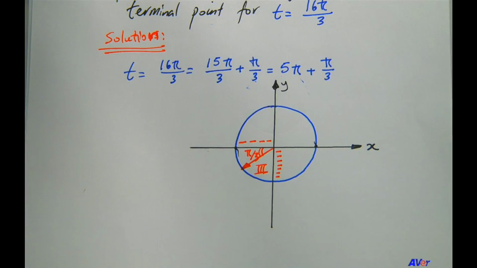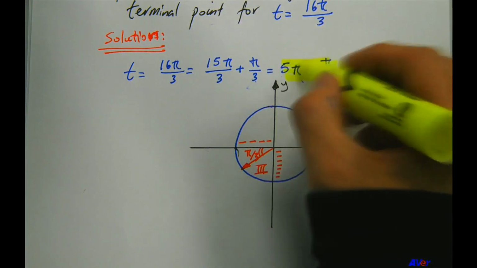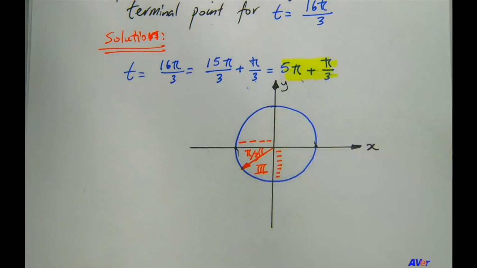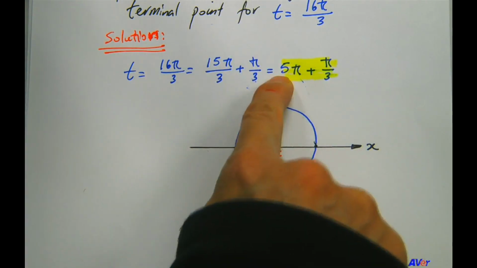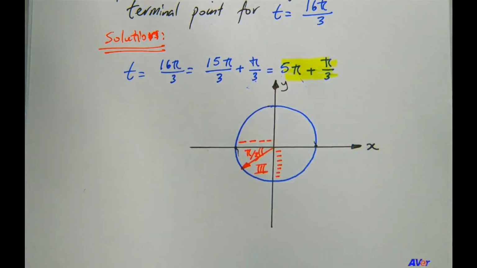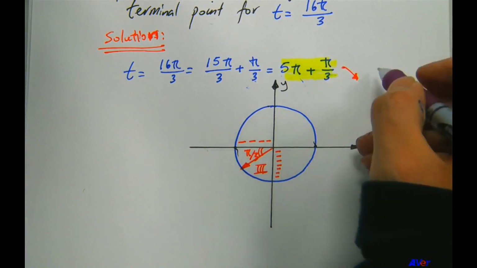The only reason we broke the 16 pi over 3 into two pieces, one with a whole number factor of pi, is to find out in which quadrant we are.